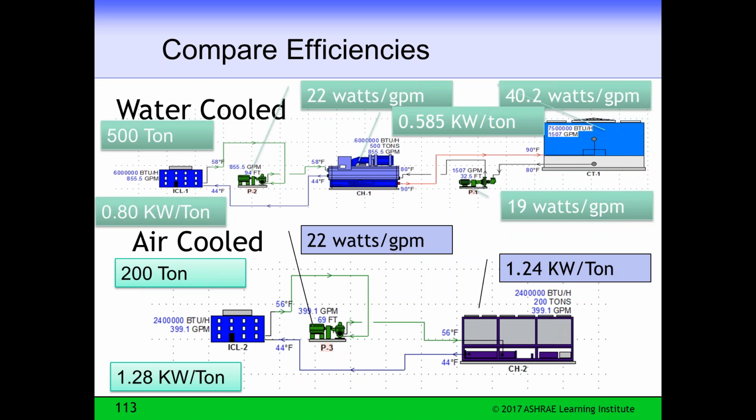We'd have 22 watts on a chill water pump. We'd have 40.2 watts per GPM on the cooling tower. Again, the big difference is this 0.585 versus the 1.24. So we would end up with a total system in this little example of 0.80 versus a 1.28 for the air cooled.